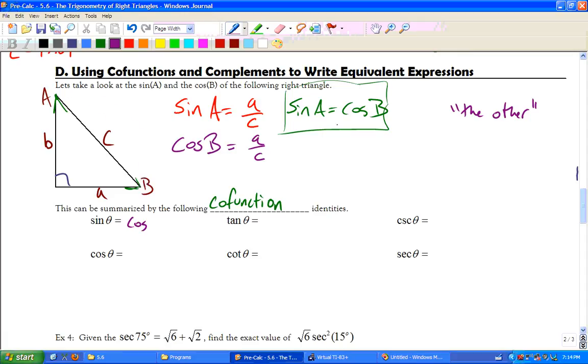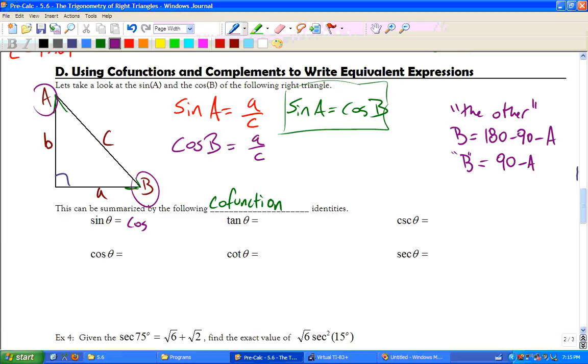So what would B be in terms of A? You'd start with 180 degrees, which is all the degrees in a triangle, subtract the right angle 90, and subtract the other angle A. So B would equal 180 minus 90, which is 90 minus A. So this is angle B in terms of A.